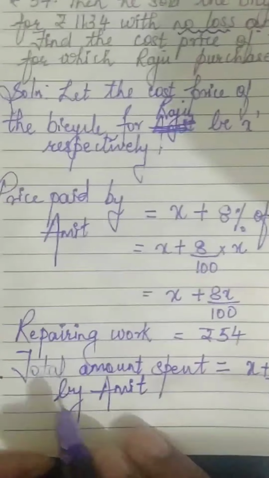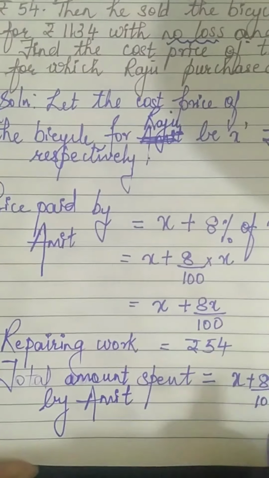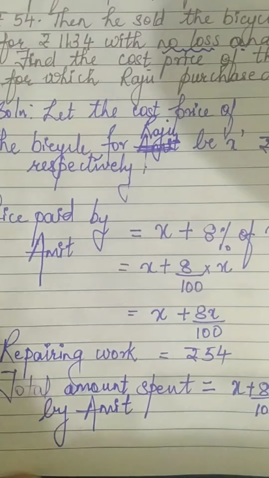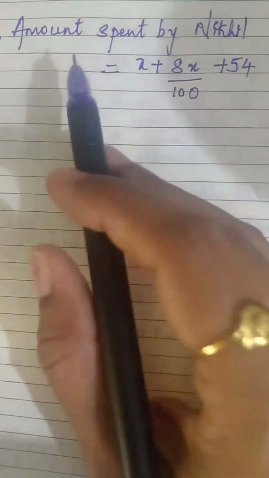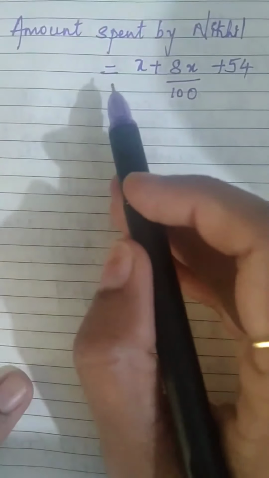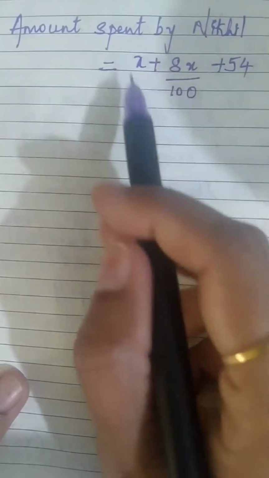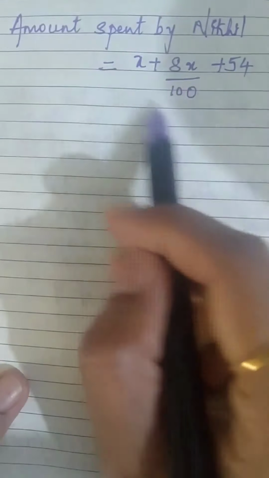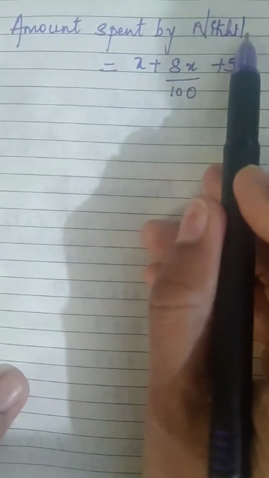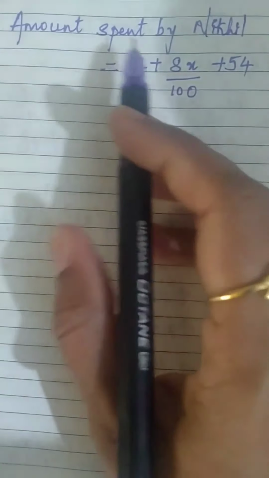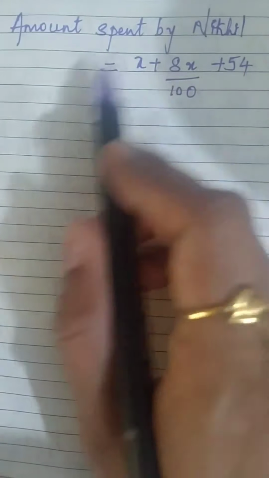For what money Amit purchased it, for the same money he gave it to Nikhil. Okay? Clear? So, amount spent by Nikhil is the same amount which Amit had spent, because the same amount he collected from Nikhil. He sent it to Nikhil at the same price. So, that price is this much.